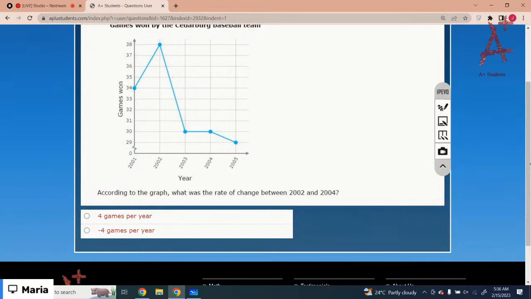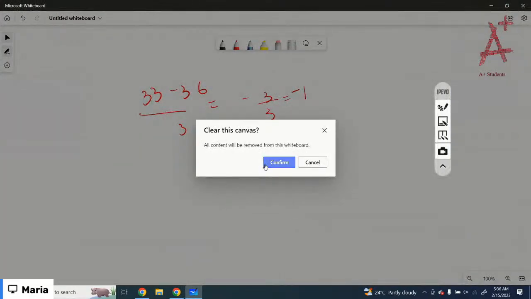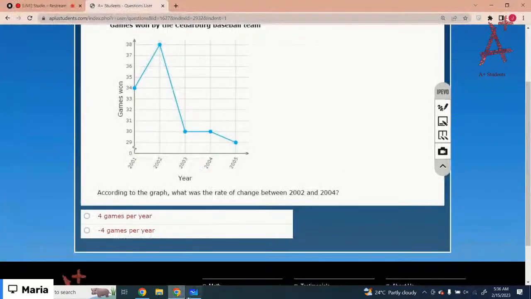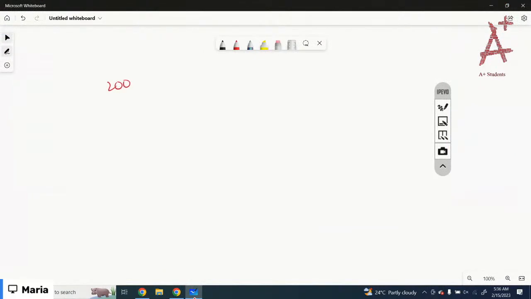You have to subtract 2002 from 2004, so it would be 30 minus 38.